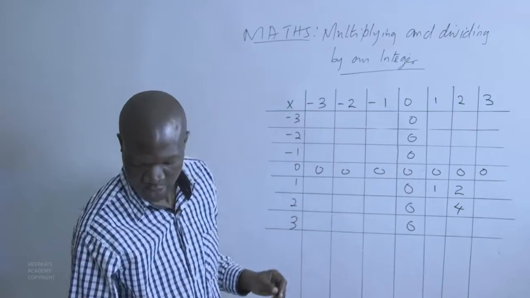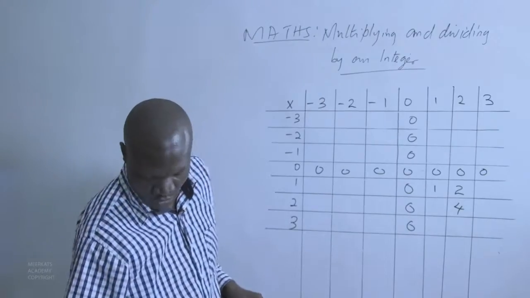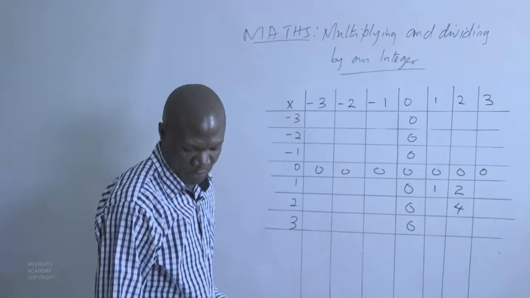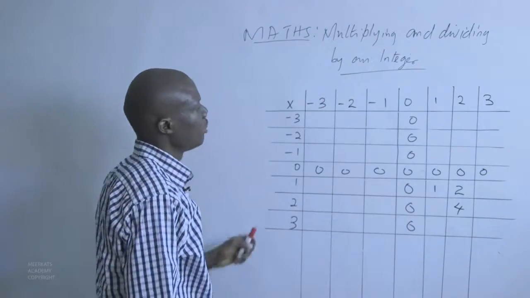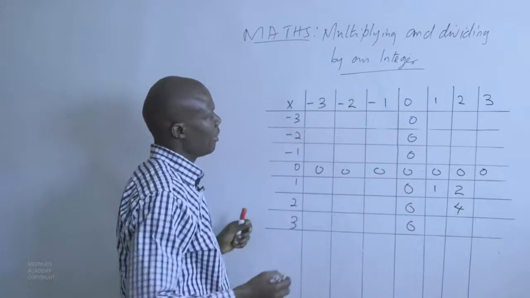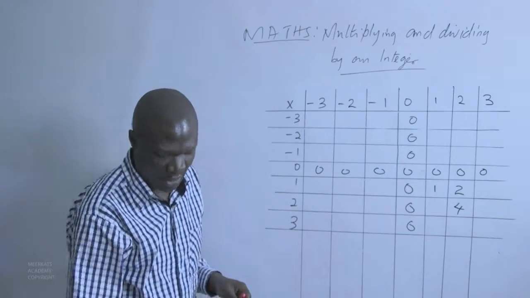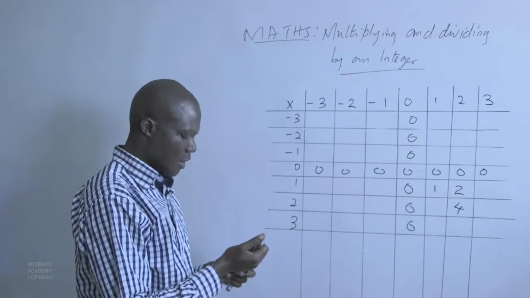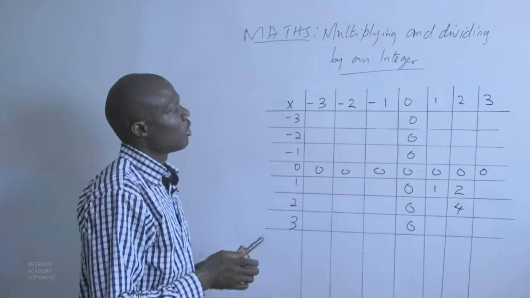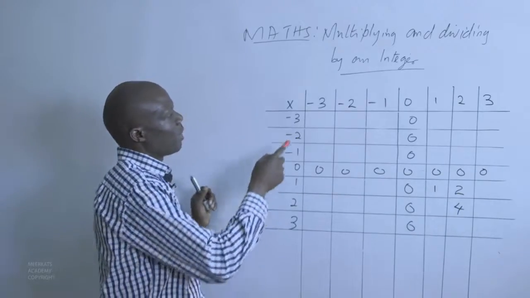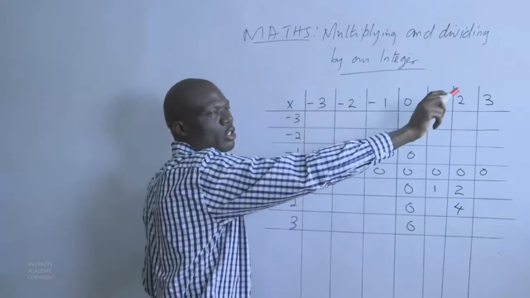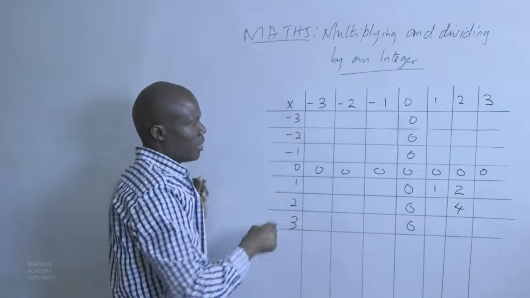Okay, looking at the board here, I want us to fill this table. We are multiplying. And as we multiply this, I want us to fill this table, considering that the multiplication is between what is on the horizontal and what is vertical.